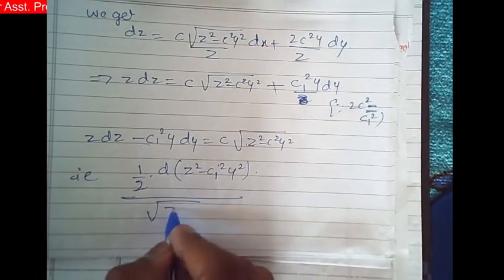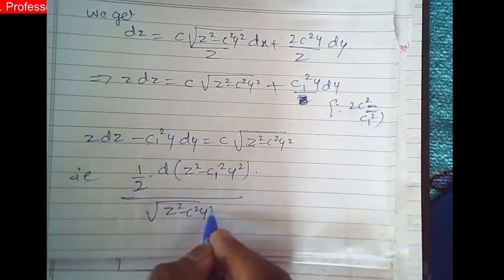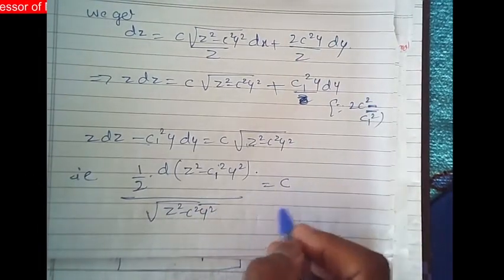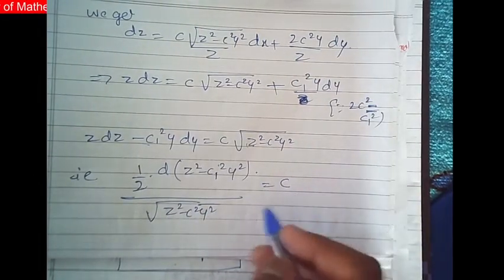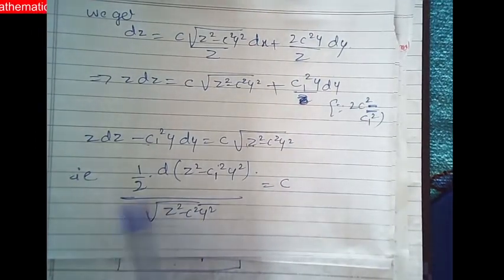bring this term here, square root of z square minus c square y square is equal to c. Next is integrating.